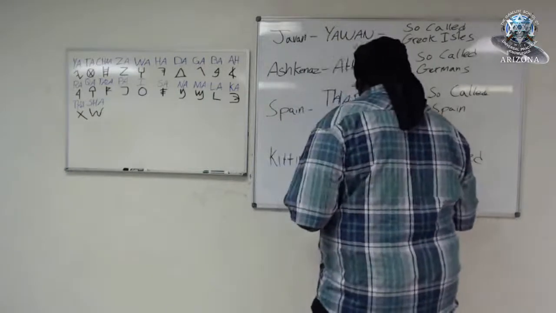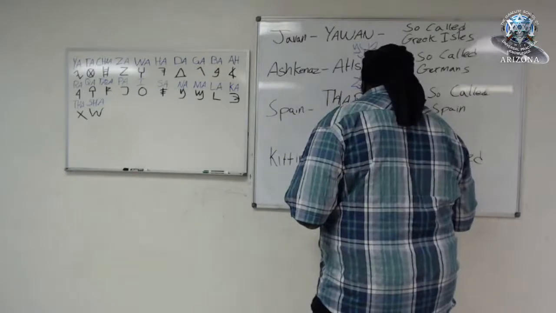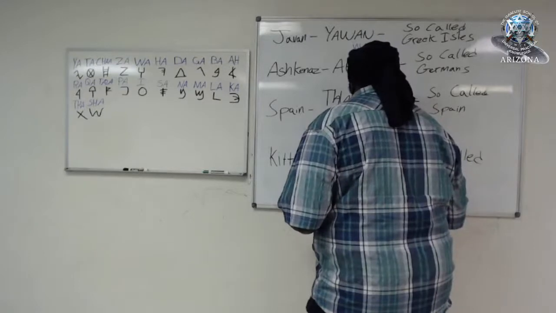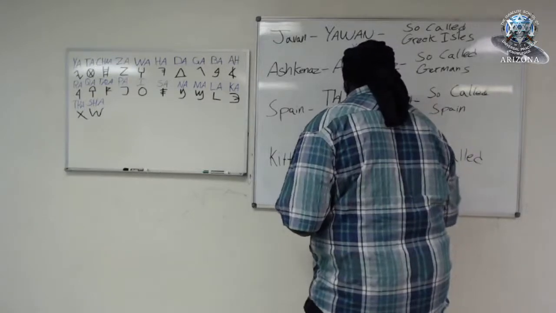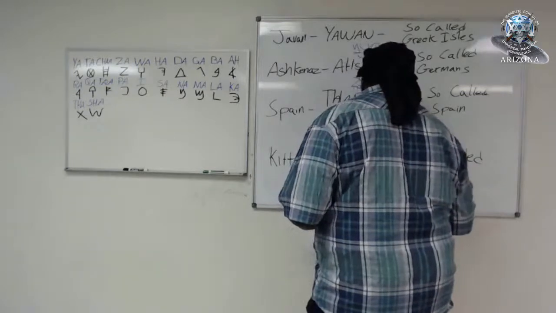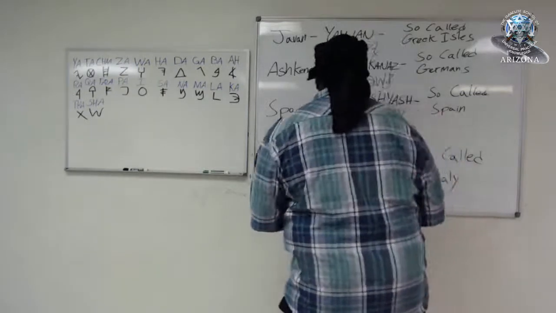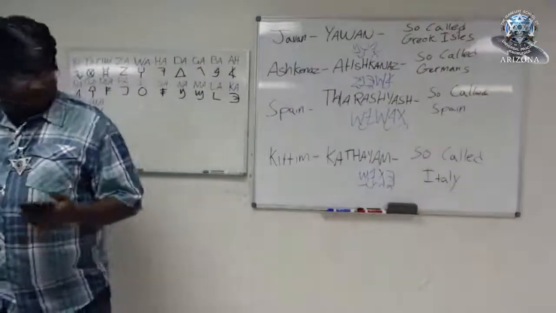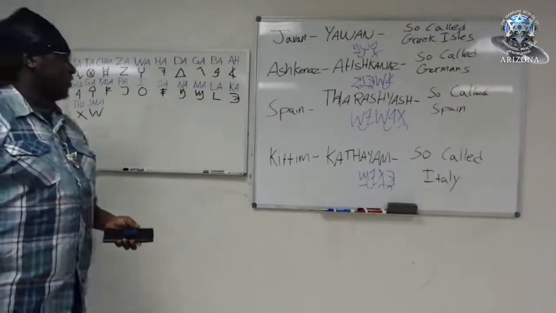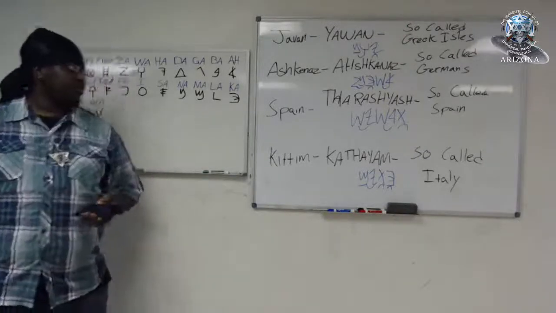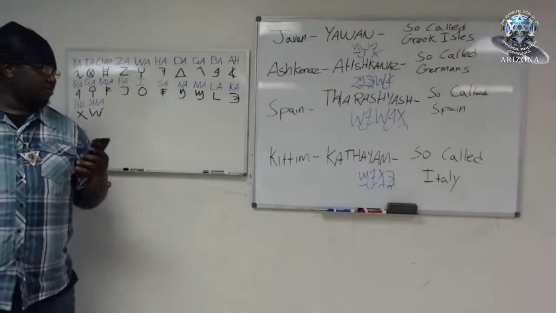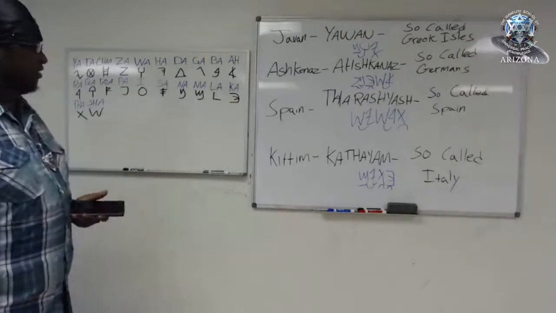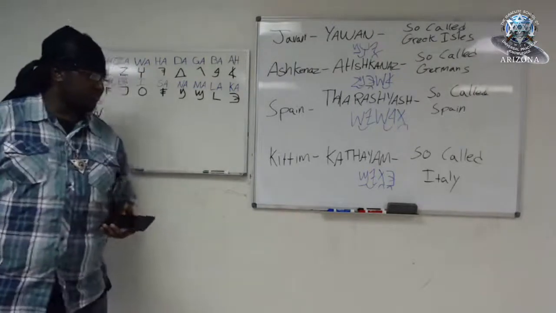All right, the Kingdom is Katayan. So let's say Javan is the so-called Greek Isles, Ashkenaz the so-called Germans, Spain is Spain, the Russians, Kingdom, Catalan, the so-called Italians.